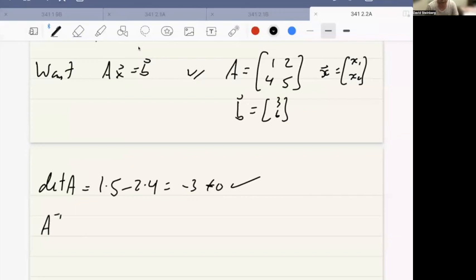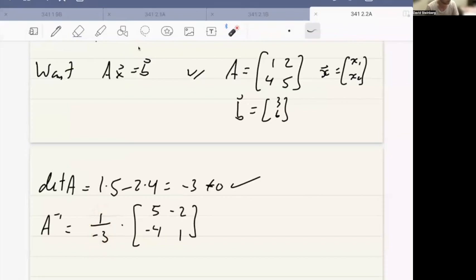So then A inverse is just going to be 1 over that determinant times, and we swap the diagonal entries and we negate the off diagonal entries. And that's our inverse. And I'm not going to multiply that 1/3 in because it's not going to make my life any easier. So I'm going to let that negative 1/3 hang out.